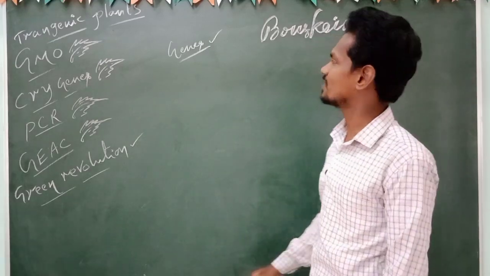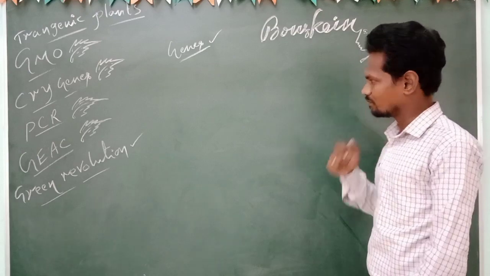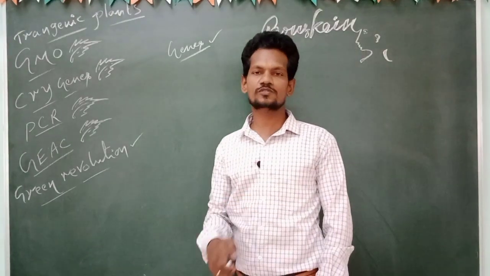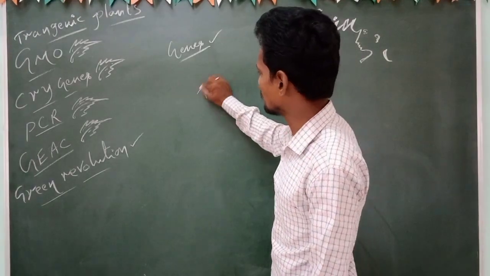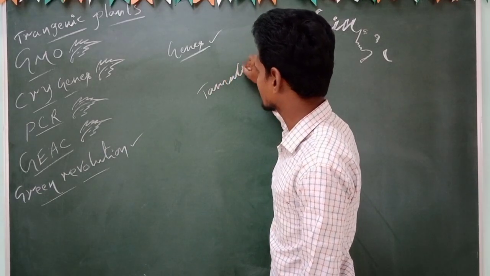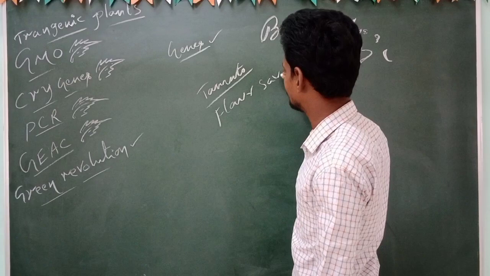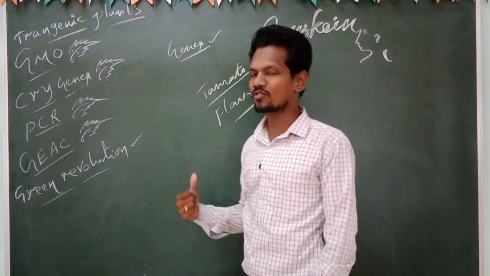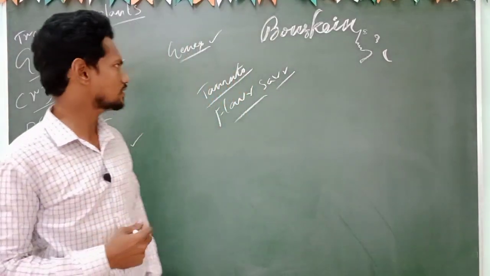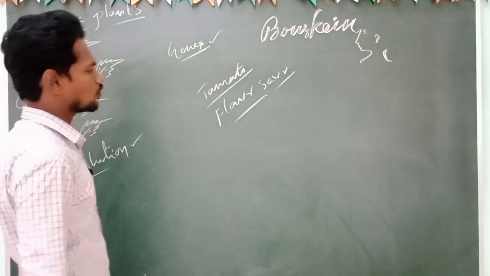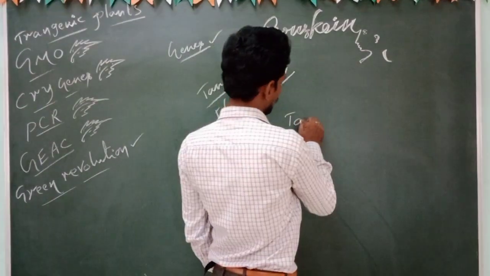Examples of transgenic plants, mainly for food purposes, are the tomato, the Flavr Savr variety of tomato, and one more type, Golden Rice.